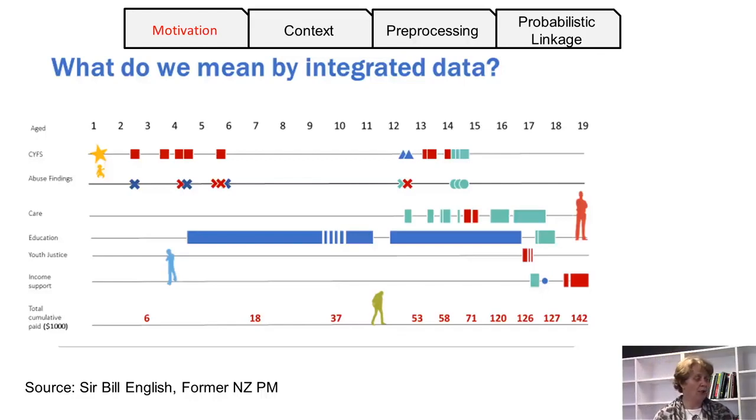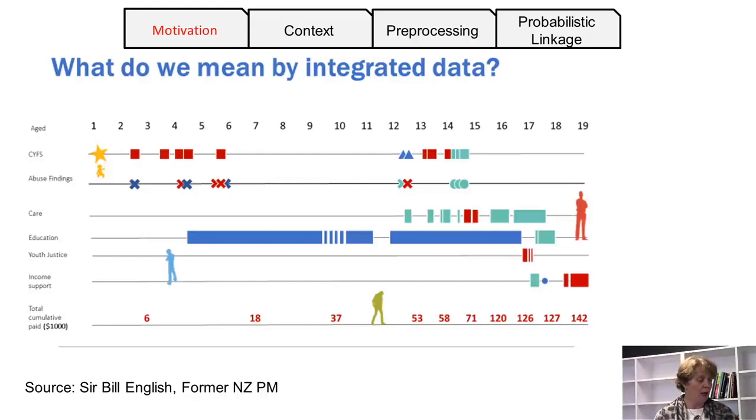But essentially if you look at that picture, you see the child being born, and then when you take a look at Children, Youth, Family Services, you see that child is showing up with reported cases, some of which showed up as positive with abuse by age 5. So you're already starting to get a picture of a child that is having a tough time as an infant and toddler.